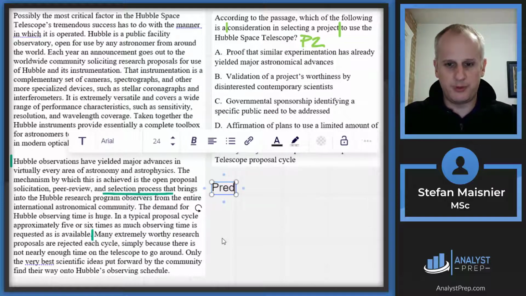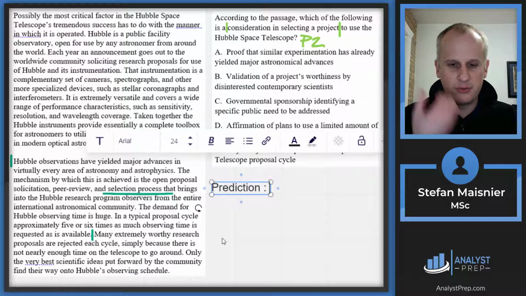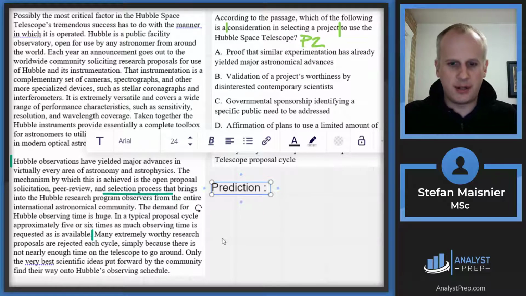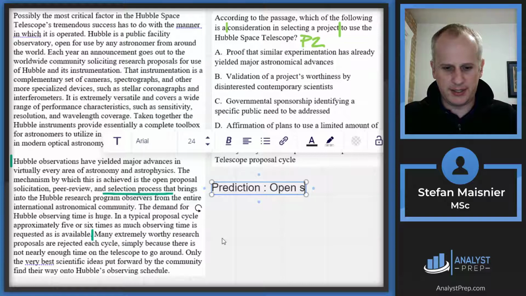And so, again, we'll just type it out for ease of use here. And again, you'll have the option of potentially typing out on your own. But we see that Hubble observations, we know, yielded major advances. And the selection process specifically, it's an open solicitation.